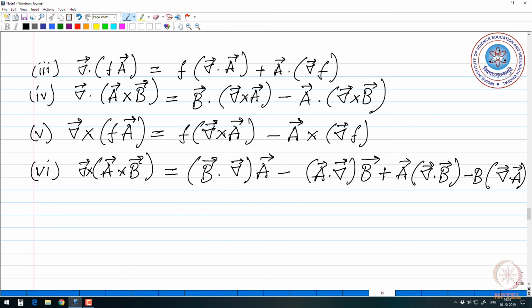Now, if we go for the second order derivatives, then we will get the following rules.